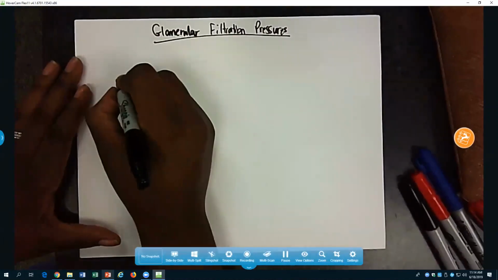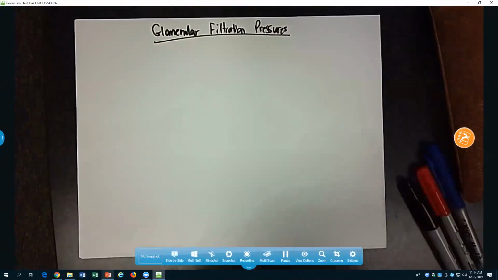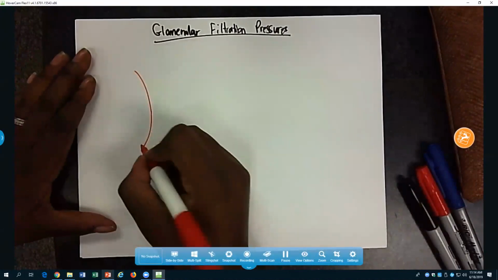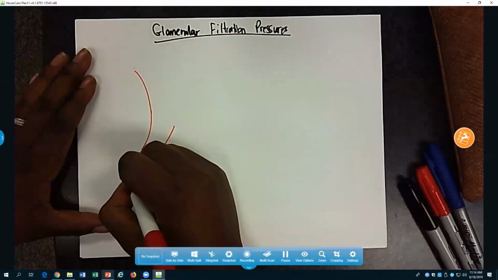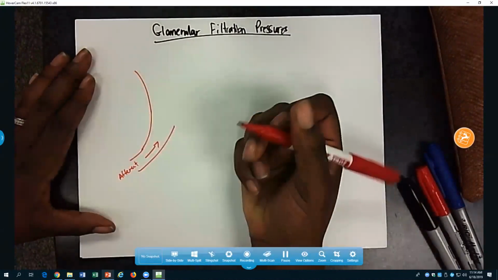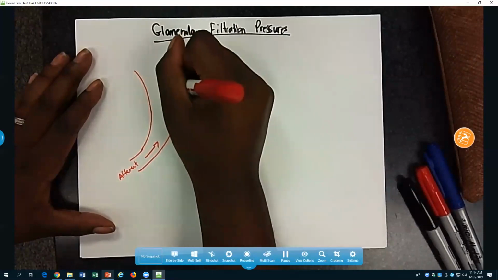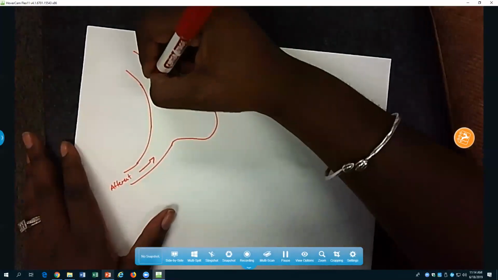Let's just draw our glomerulus here. We got our vessels, we have our afferent arteriole. Then we have our capillaries. And then we have our efferent arteriole.